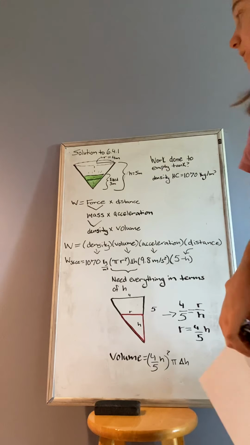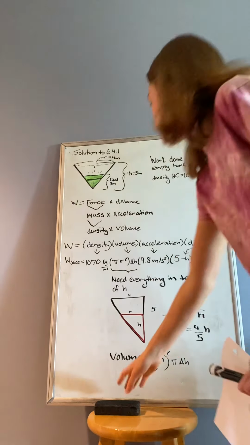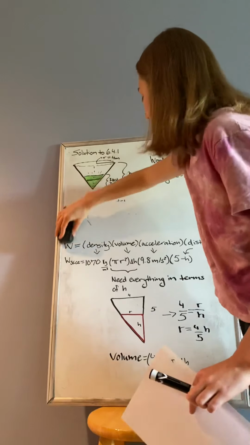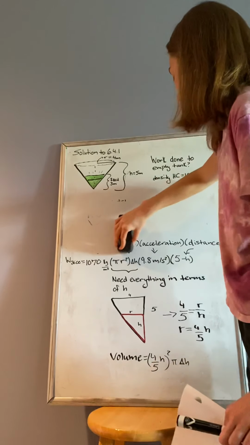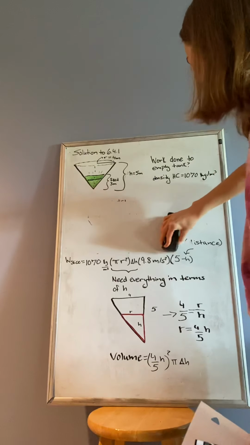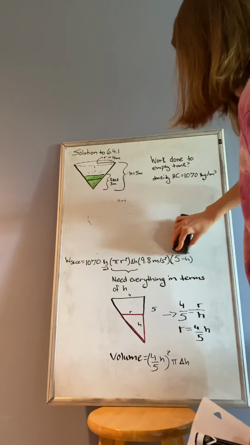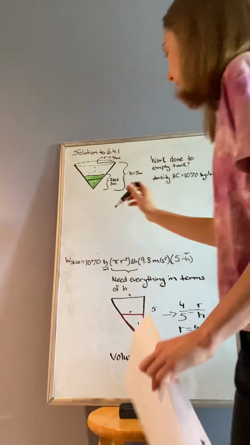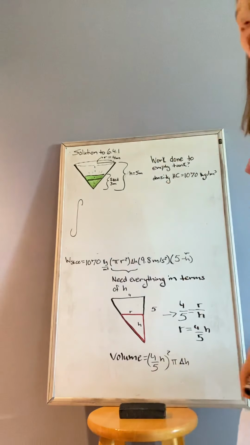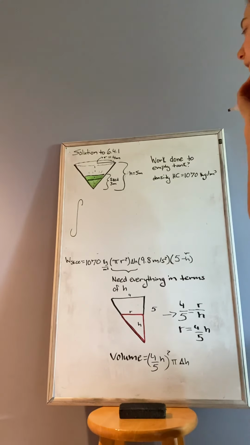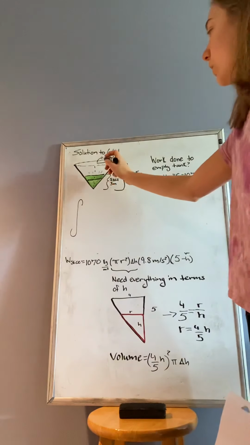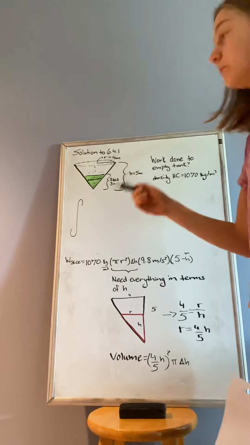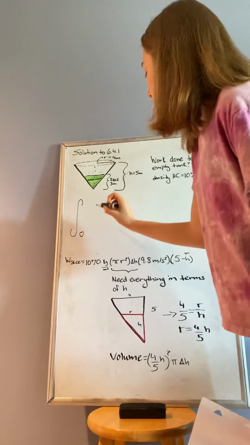So now we are ready to integrate to find the total work done to empty out this massive tank of hot chocolate. So we know that there's got to be an integral. And so our bounds. We're not emptying the whole tank because we only filled it to 3 meters. So we're just emptying it from 0 to 3.